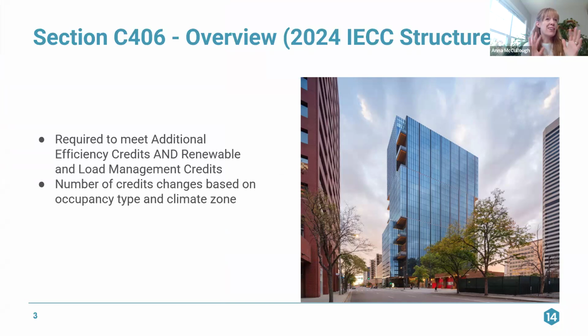We did get a question, so I'm going to answer it now. Do we know when the state low energy code will be available as a complete code in PDF, incorporating the amendments into the 2024 IECC? Erica, do you have an answer for that? I know we're waiting on some modeling from PNNL for those final credits in section C406.